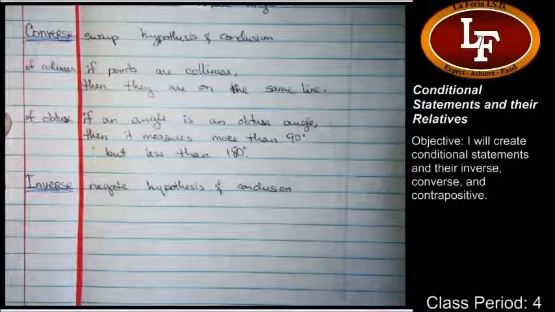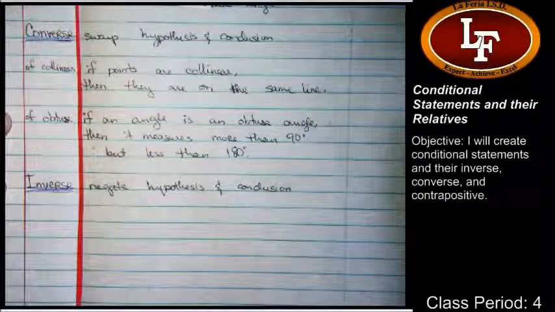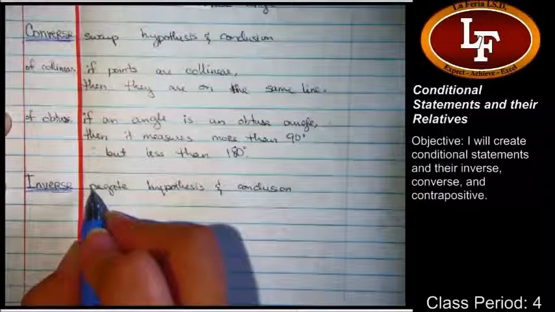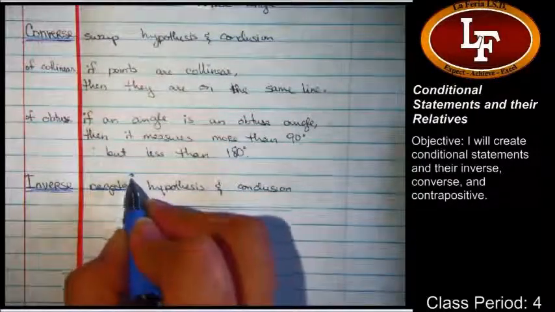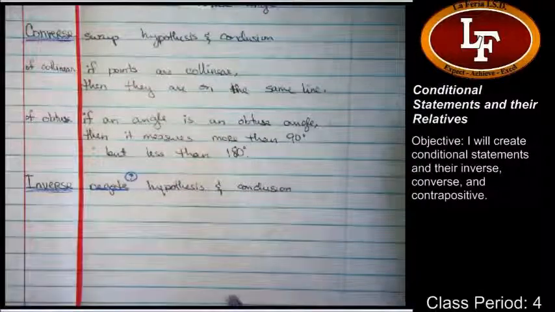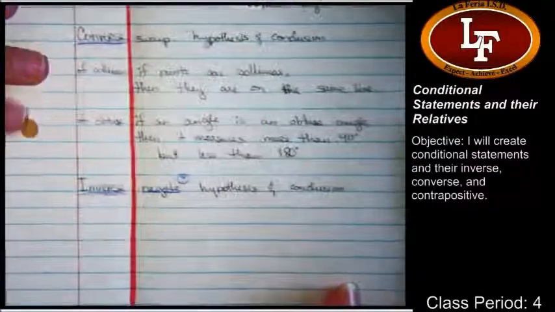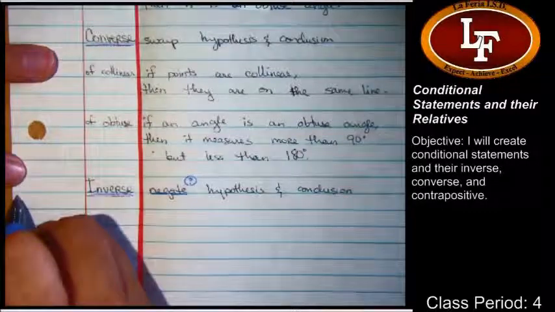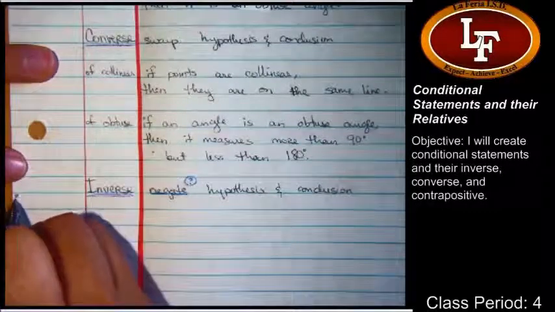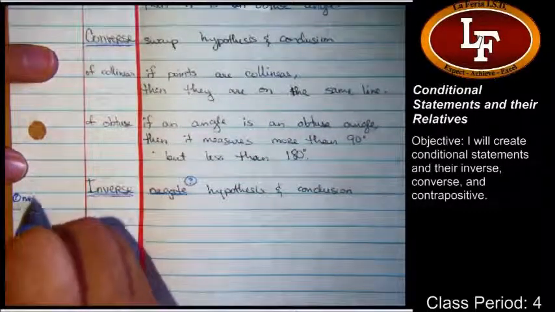Is that a new word for some of you? Negate? Yeah. All right, so if it's a new word for you, highlight it or underline it, put a question mark by it, because that's new. And then I'm going to come over here to my very left-hand margin. I've got plenty of space over here. I'm going to put the question mark, and I'm going to write negate.